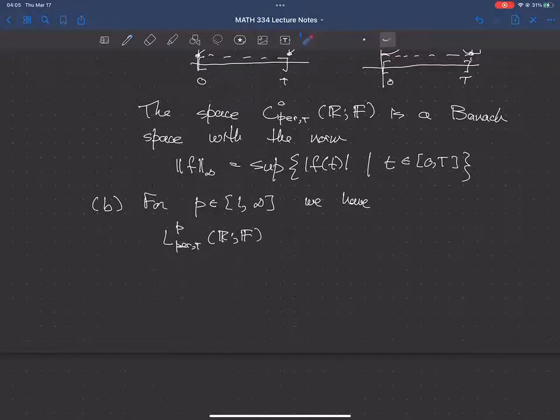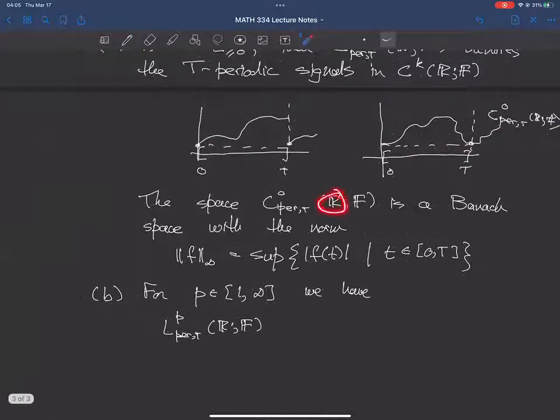It's important to notice here that in both these cases I had the domain as being R. Sometimes people will put the domain in a case like this as being like so, and the two things are equivalent. Again, there's some fussing around it, especially with the endpoints, and I'm not going to fuss very much about that.